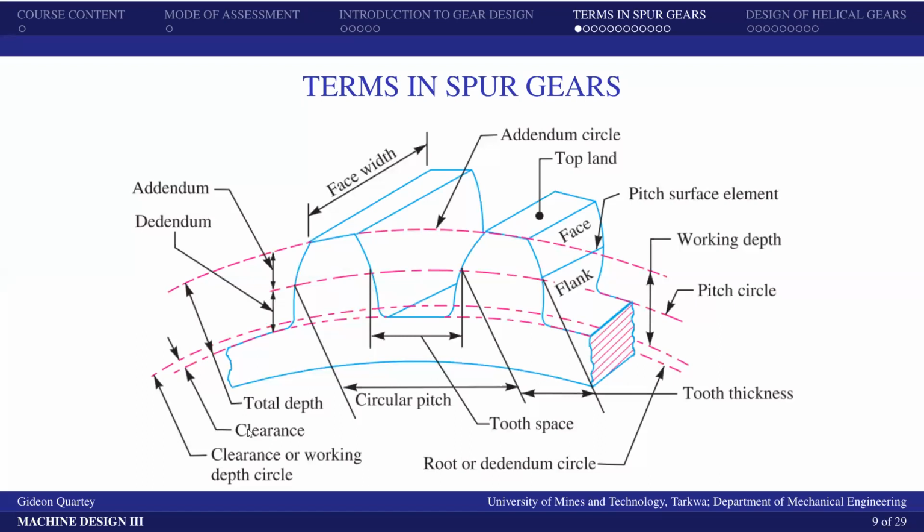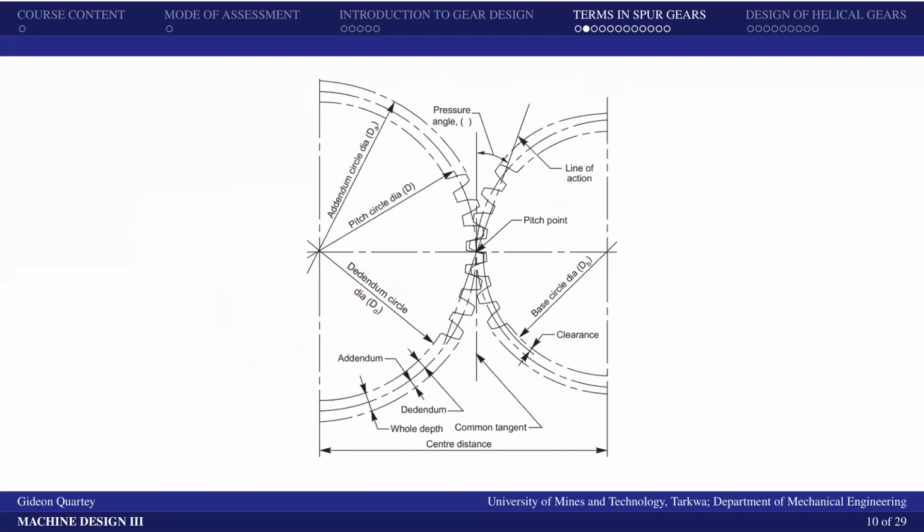That's the clearance. And what it's saying is that, for instance, if two gears are meshing, let's look at this diagram here. If these two gears are meshing, you see that as one rolls over the other, there will be some small gap between the bottom of this gear and the top of the other one.